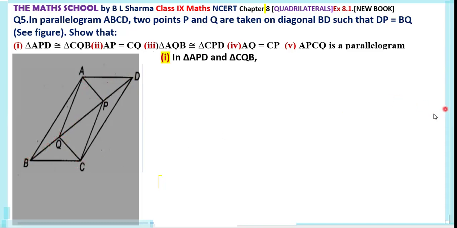What is given? In triangles APD and CQB, DP is equal to BQ, it is given. Angle ADP is equal to angle CBQ. This angle is equal to this angle, alternate angles.